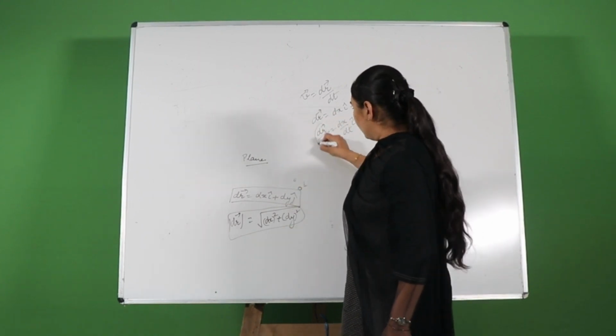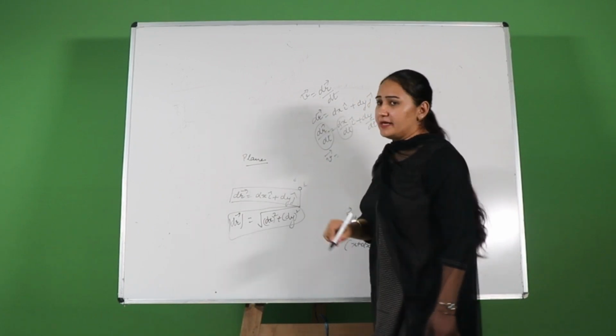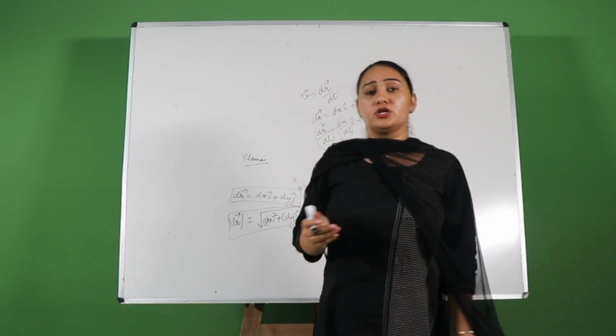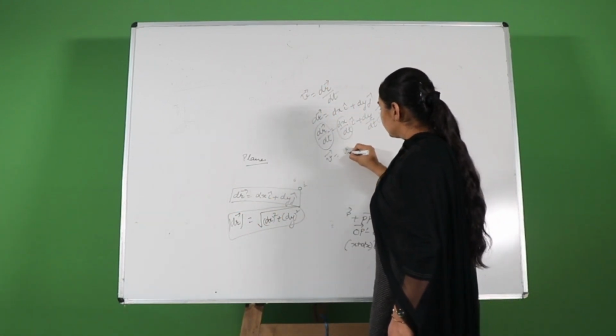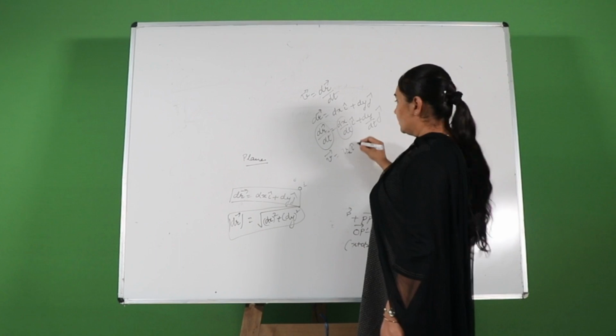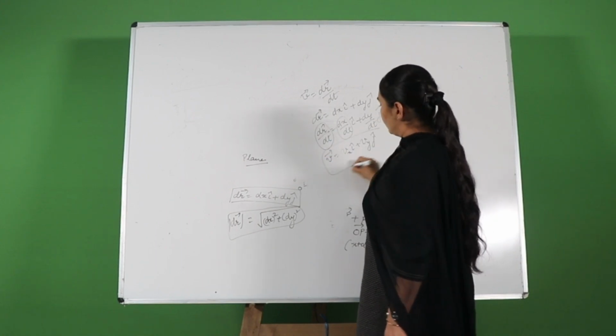Now this is my velocity, v. Dx by dt gives me the velocity along the x component, so I can write it as vx i cap. And dy by dt gives the velocity along the y component, vy j cap.